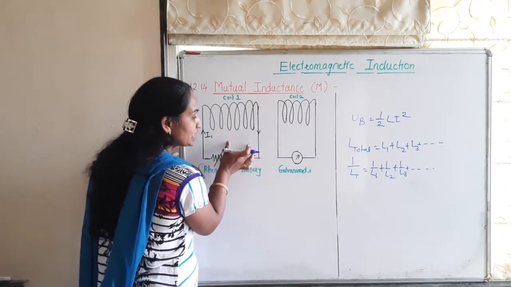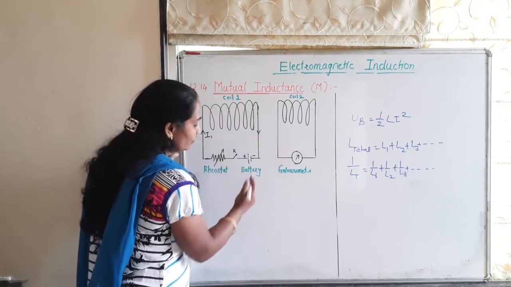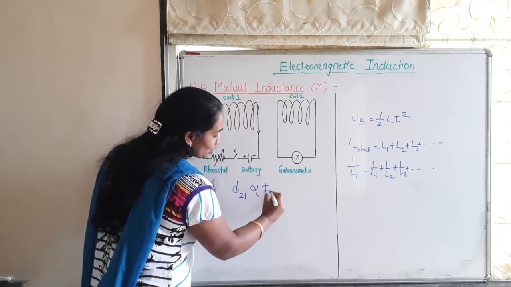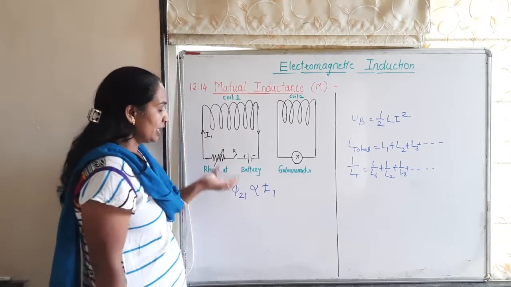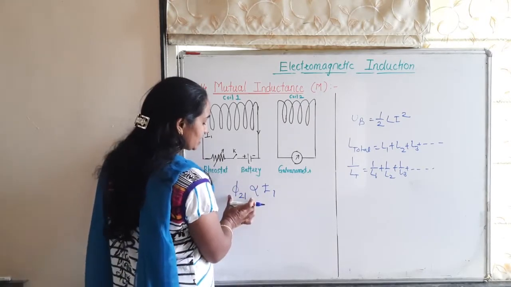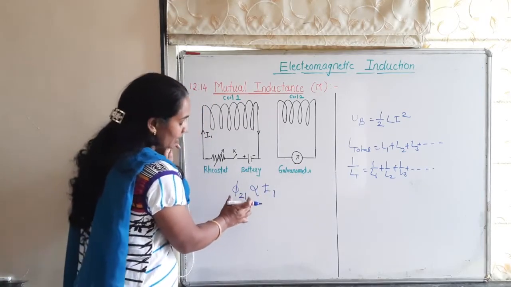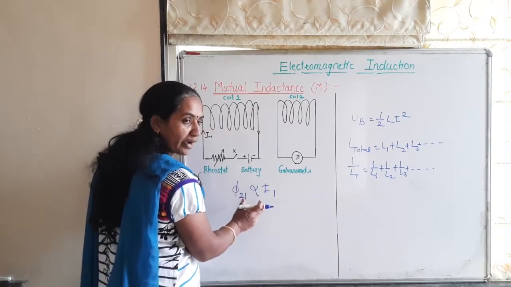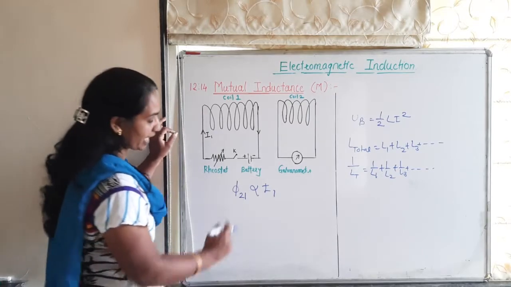Because of this magnetic field B1, phi 21 is proportional to the current I1. Because of this current I1, the flux produced through surface area S2 of coil 2, phi 21, is proportional to current I1.